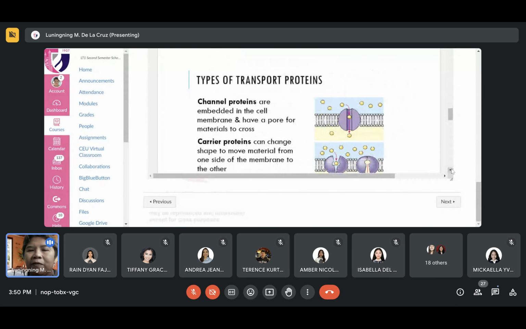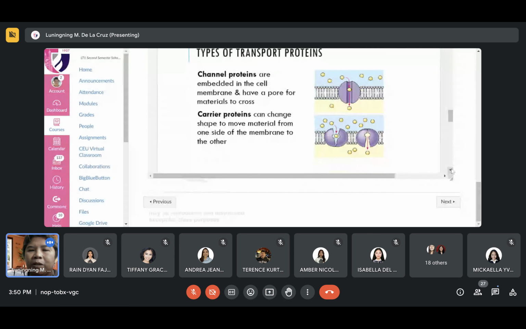So what are the different types of transport protein? We have a channel protein like this one, which is embedded in the cell membrane and has a pore for material to cross. And then we have the carrier protein. It can change shape to move material from one side of the membrane to the other. So carrier proteins are needed by our enzymes in our body.